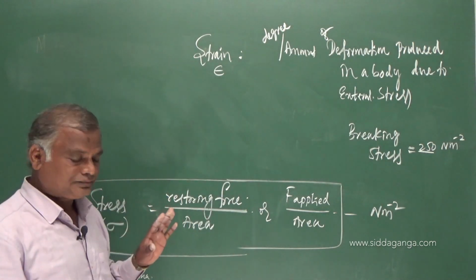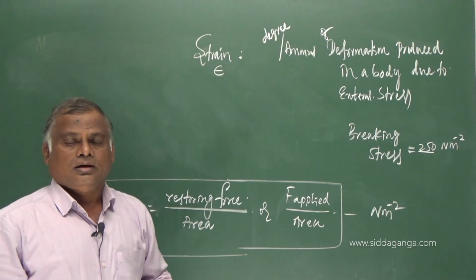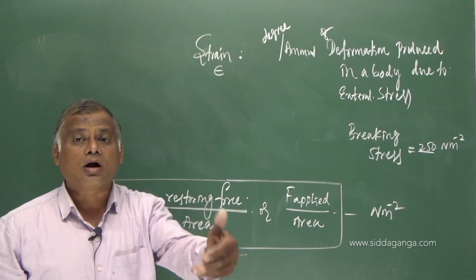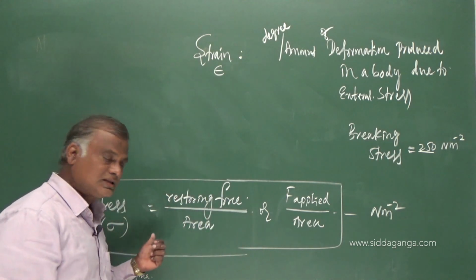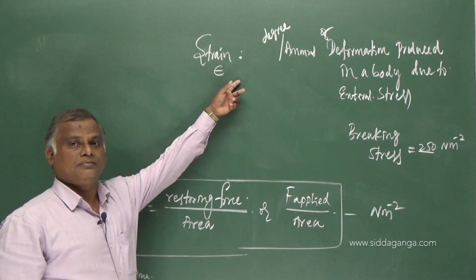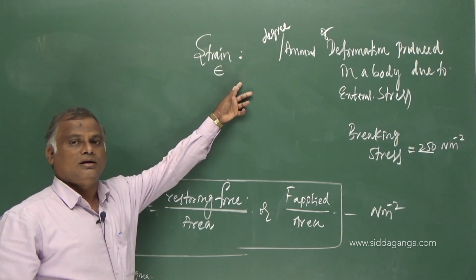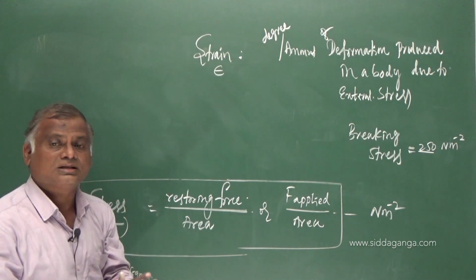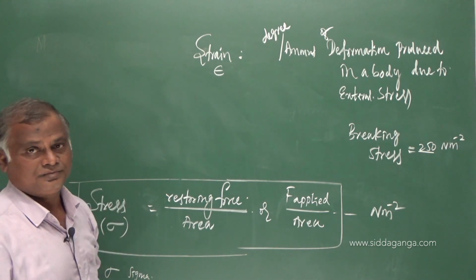I repeat, depending on the direction you apply a force on a body, there is a stress as well as a strain. Hence, there are different types of stress and the corresponding strains.